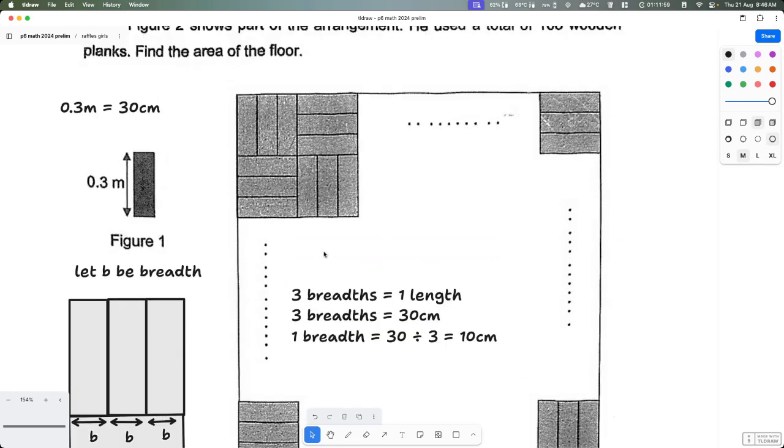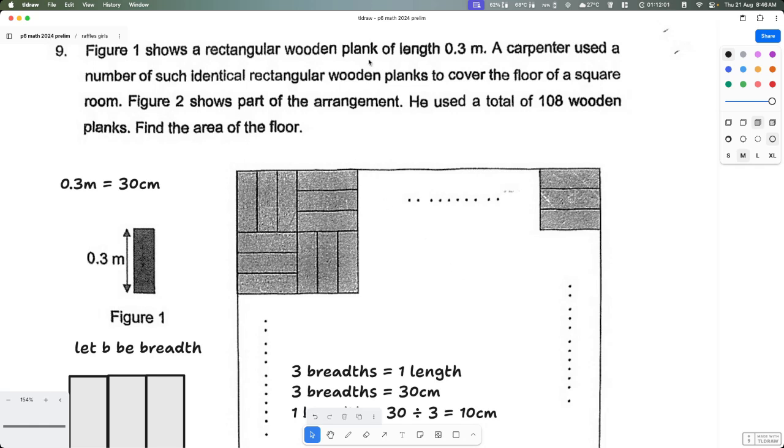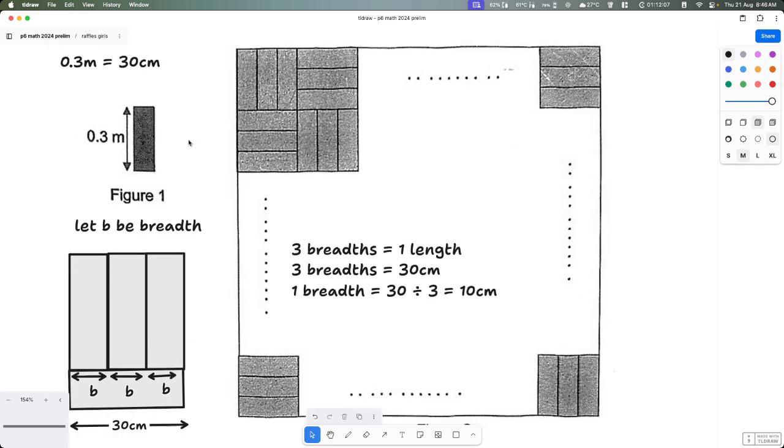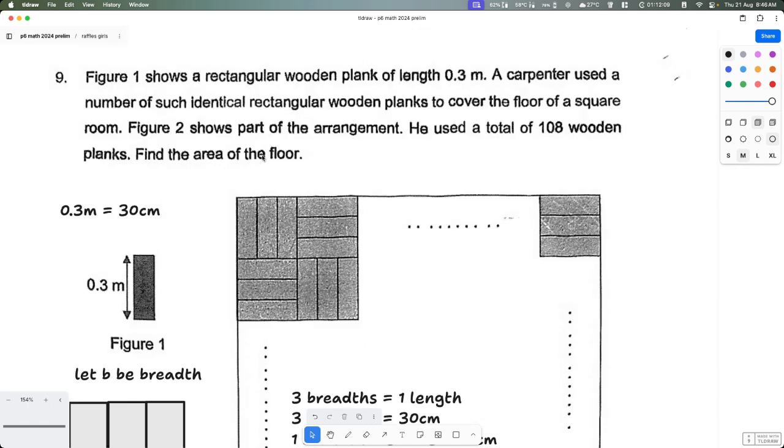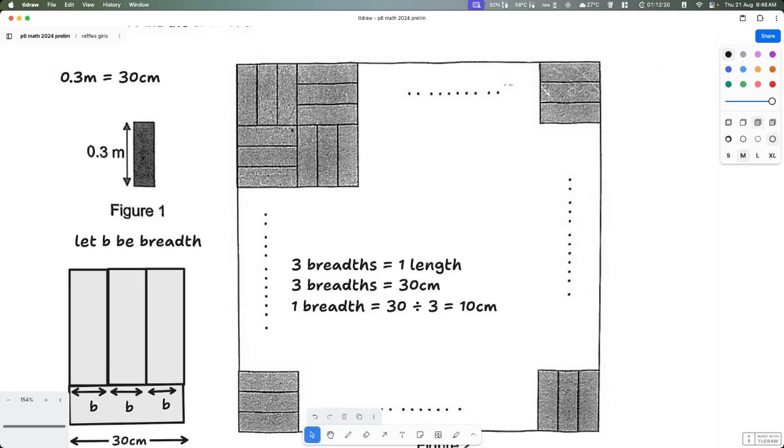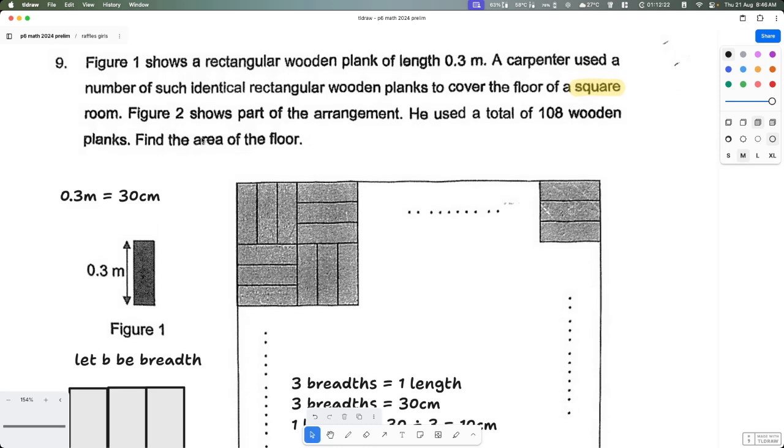Now we know that this is 10 centimeters. And he used a total of 108 wooden planks to cover the floor of a square room. So this is a square room. Find the area of the floor.